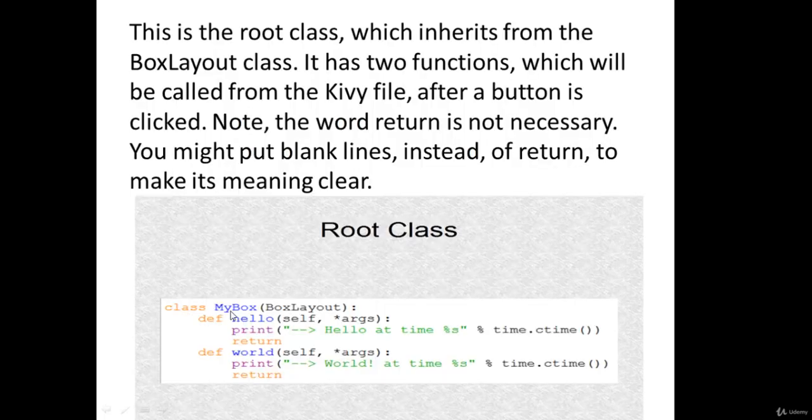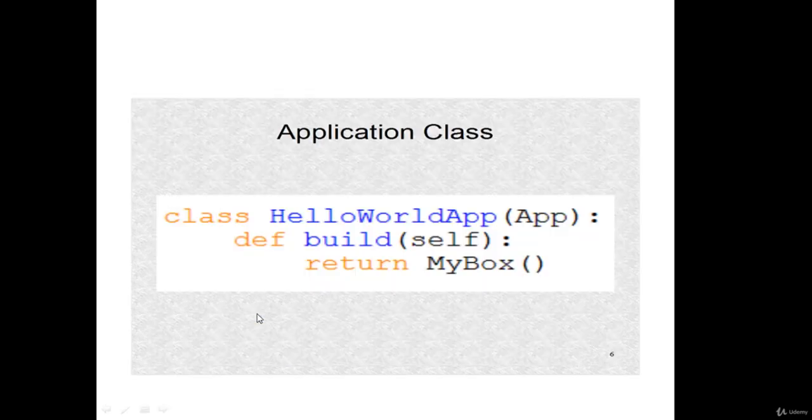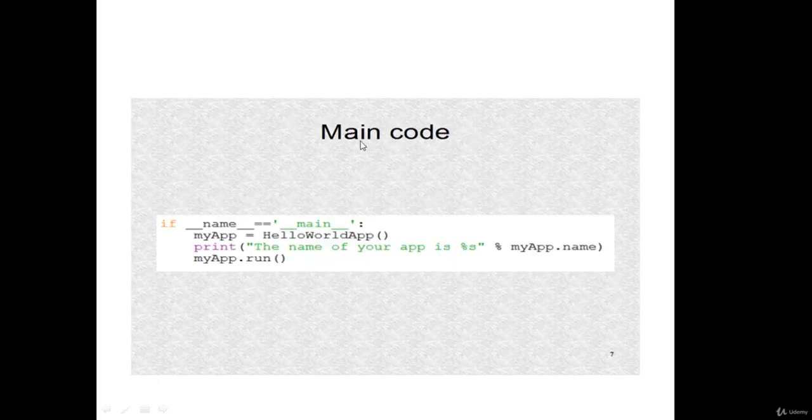In this case you have a my box here, so this should be returned in the application class, and in the main code you just create the object of our application class and call the run method from it. The run method is the entry point of your application. All applications start from this method. So you just have your application ready with these three classes.